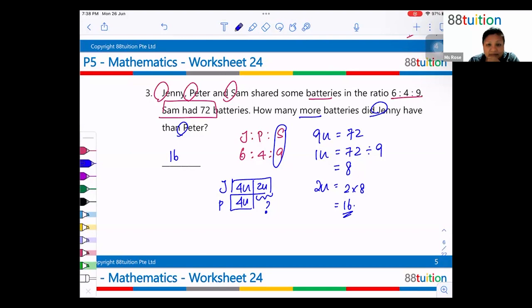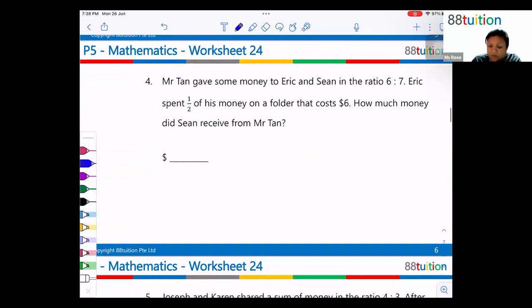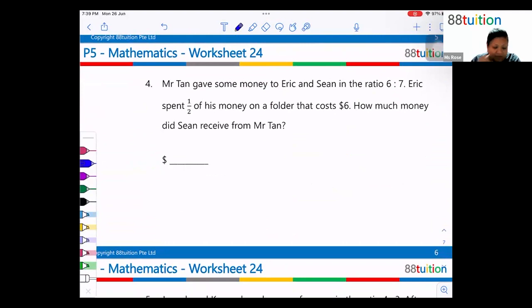Question, anyone? Okay, now question 4. What do we have here? So we have Mr. Tan gave some money to Eric and Sean in the ratio 6 units to 7 units. I can write this way, or Eric is to Sean, 6 is to 7.